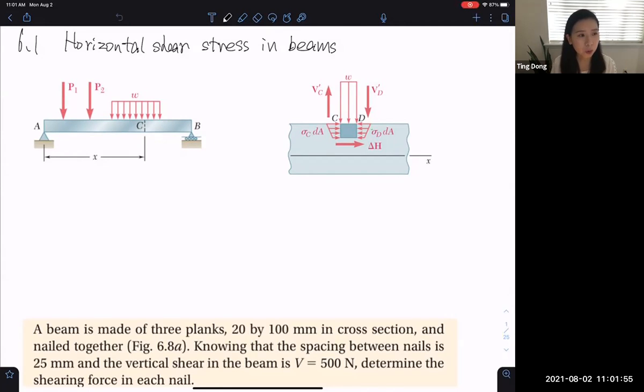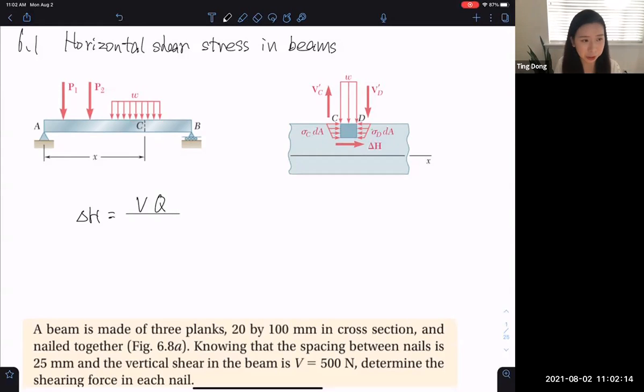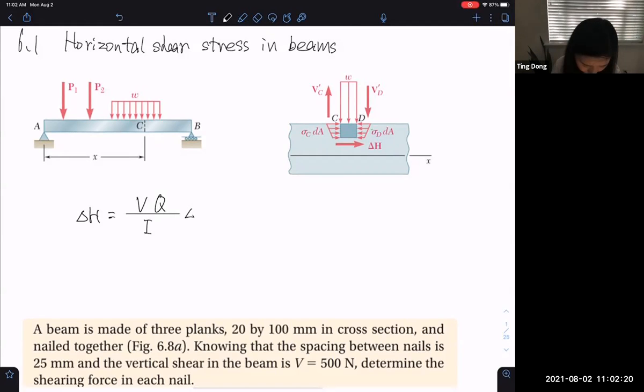For the horizontal shear in the beam, the basic equation we learned in this section was that the horizontal shear force is equal to the internal shear force times Q, the first moment of area of the cross section, divided by I, the moment of inertia of the entire cross section, times the distance.